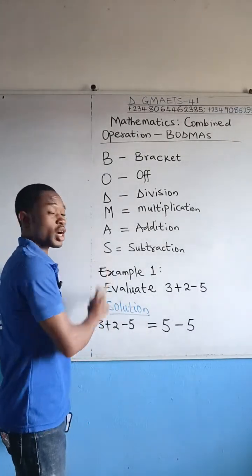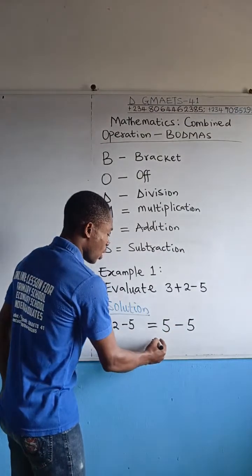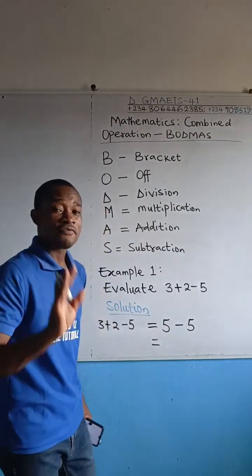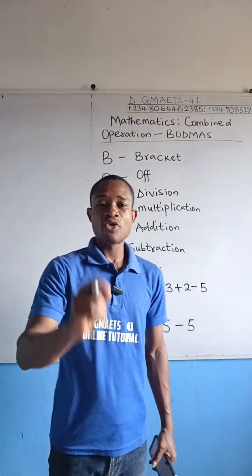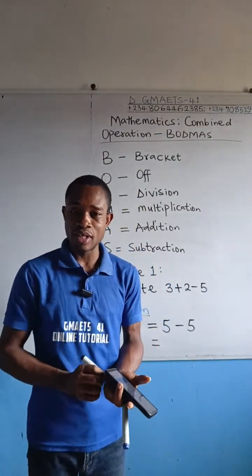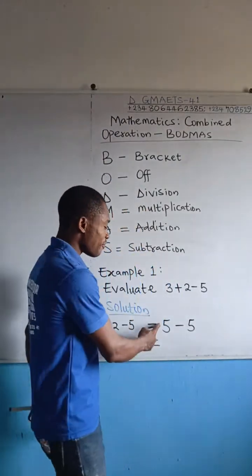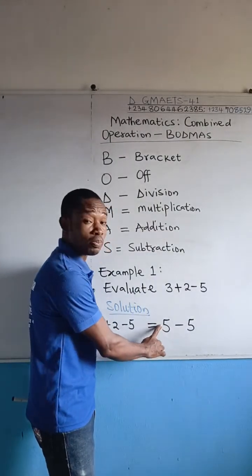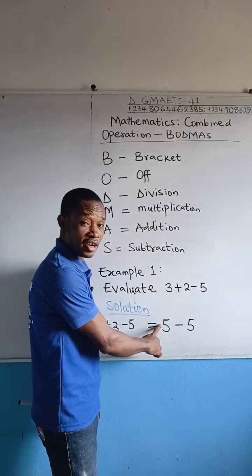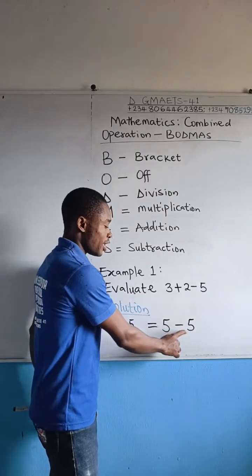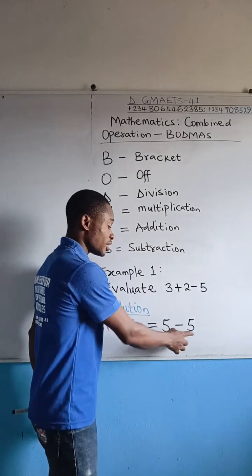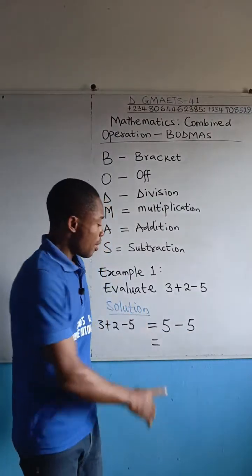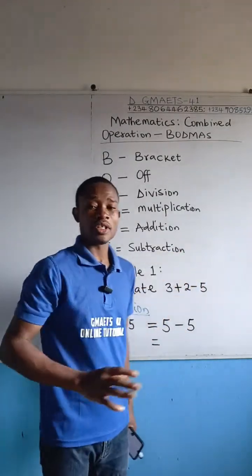Addition before subtraction. So here we have our last operation, which is 5 minus 5. Plus 5 and minus 5, or simply 5 minus 5. You have 5, and minus 5 means you are owing somebody 5.